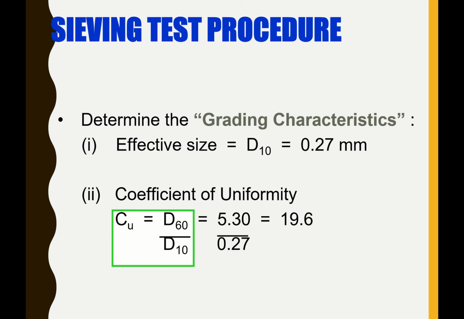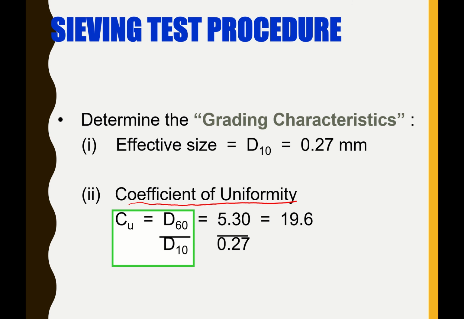So what next after we get this data? This data is important for us to calculate the coefficient of uniformity. The coefficient of uniformity lets us know whether the soil is well graded, gap graded, or uniformly graded.